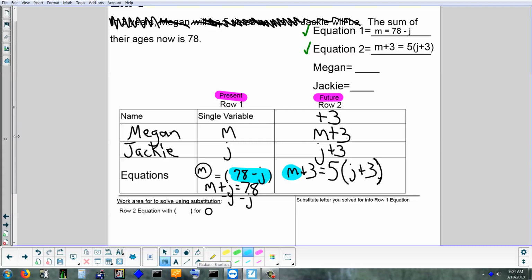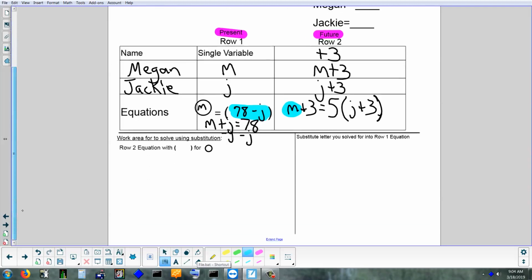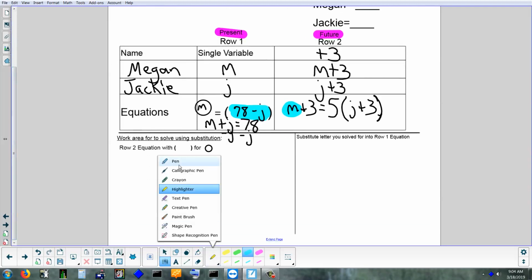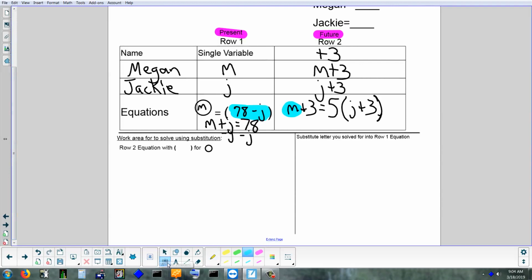Let me scroll down a little bit. Somebody tell me what to write. We got the stuff highlighted. What am I going to write now? Ellie? 78 minus j plus 3 equals 5 parentheses j plus 3.